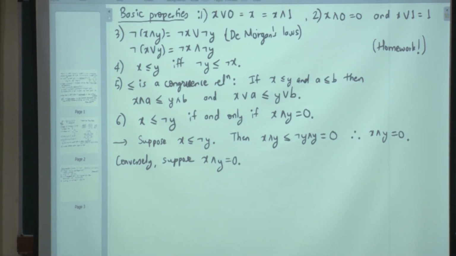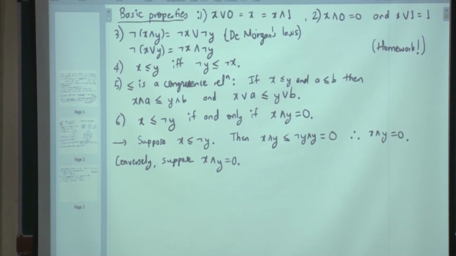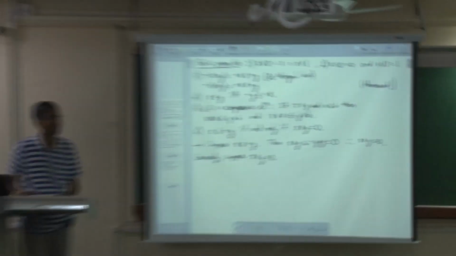We need to prove that x is less equal negation y, which means x meet negation y is... tell me what to do. Sometimes I feel I am spoon feeding you a lot of information, so you don't think.